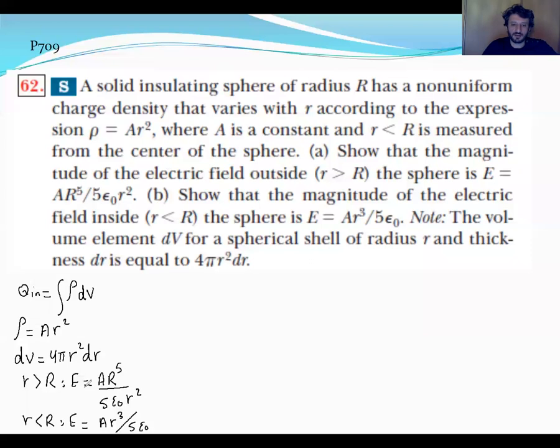So for r outside, we have to calculate E equals A R to the fifth divided by 5 epsilon 0 r square, and also we have to find the field inside the sphere. Let me draw the sphere.